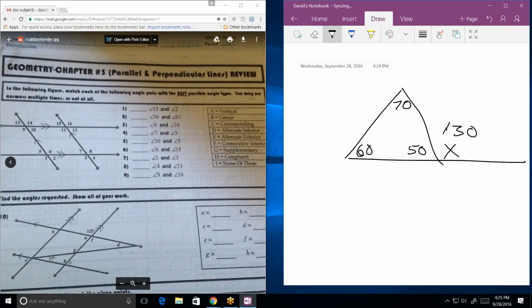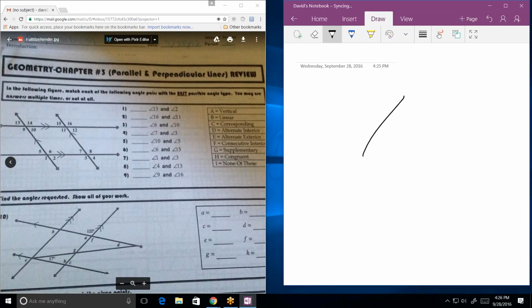So that's a good one to memorize, is that the exterior angles are always equal to the sum of the other two angles. So let me draw a few pictures here.